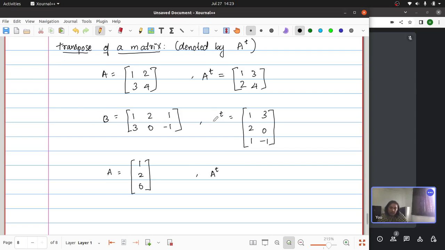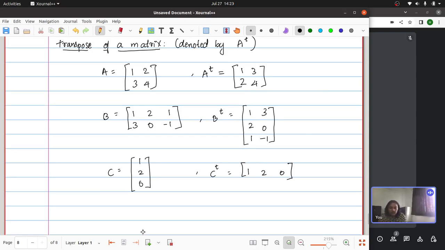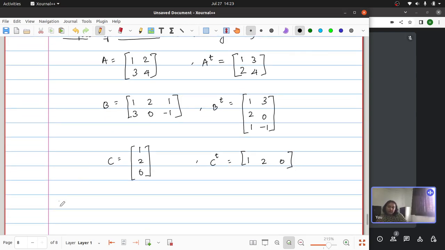Change it to B. So, the first row is just one entry, which is 1, that is your first column, second row, and then so you just make an observation about the order.